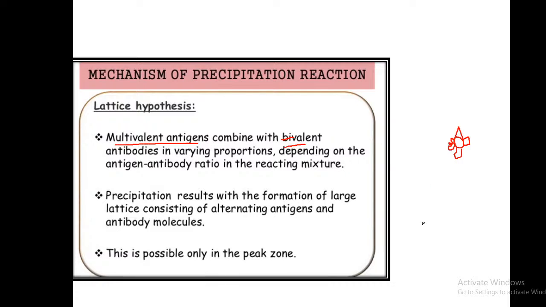This is a multivalent antigen. Bivalent antibody means it can specifically bind to two antigens. The binding varies from antigen to antigen. This precipitation means interaction and finally results in the formation of a large lattice.